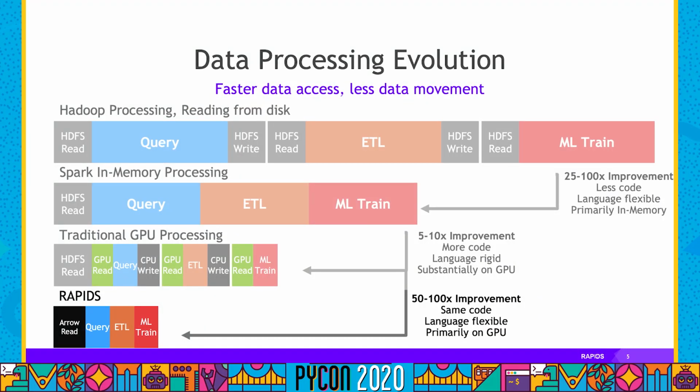Instead of doing all these reads and writes and movements, whether it's from disk or between GPU and CPU memory, we do one read at the beginning, an Arrow read. We'll talk about how Rapids is built using Arrow. Do our queries, ETLs, and finally our ML training. We can get 50 to 100x improvement using the same code, flexible language, and primarily keeping that on the GPU.